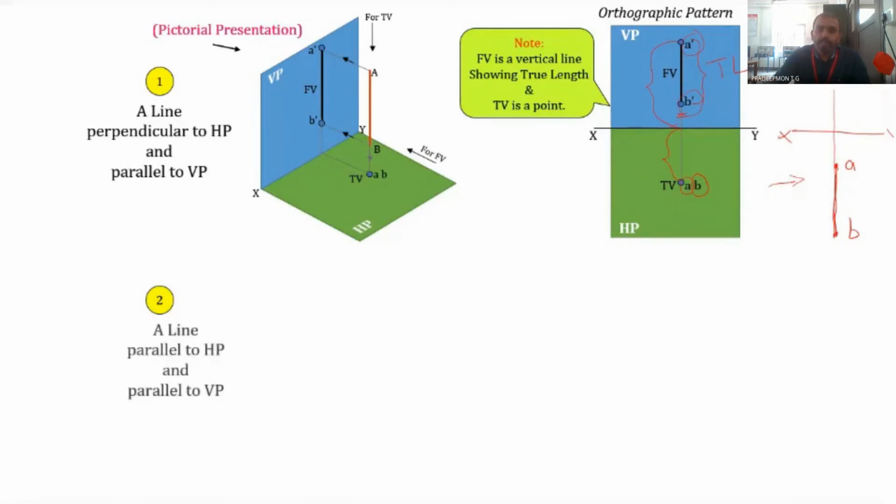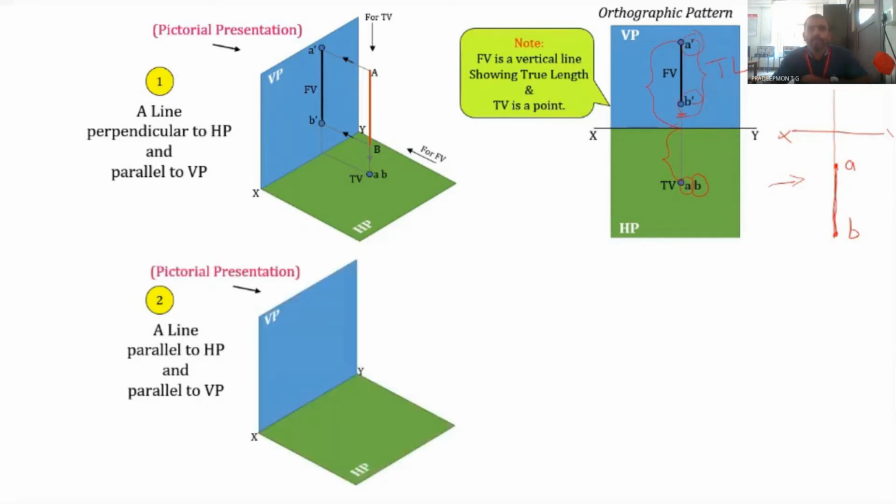Now the next condition is where the line is parallel to both HP and VP. For the pictorial representation, this is VP as well as HP along with the XY line, and here is the line AB.